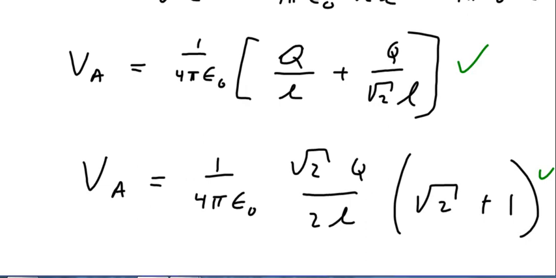I'm going to do number 40 next. Let's see, the charge on a rod in the figure above has a non-uniform charge density of lambda equal to AX.